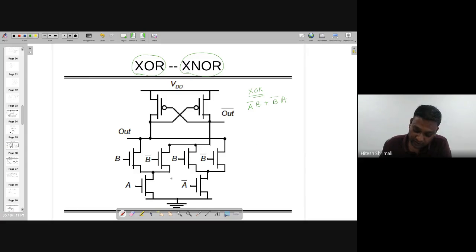So looking into just this one, with this node, what are the things connected? This node is connected with this one and this one also, right? So this node has two combinations in parallel. Look at the yellow line, you will see that it's AB or A bar B bar.